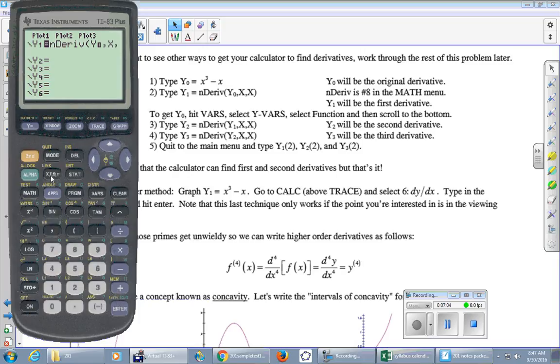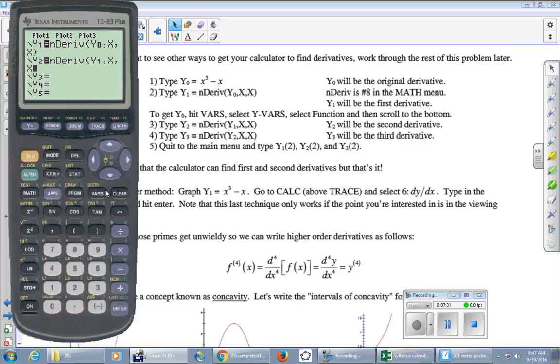X is what we always put there. And then like in the last example, we just put a 2 right now. But I want to know the derivative for any x. So I'm going to put an x there as well. So that's the first derivative, and if I want the second derivative, math 8, I'm looking for the derivative of which function? y1. So arrow over, enter, comma x, comma x.